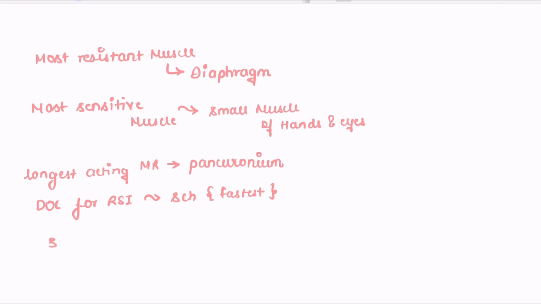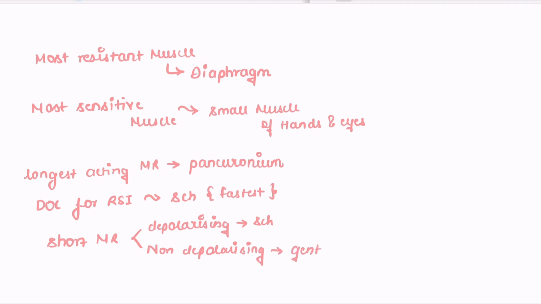The shortest acting muscle relaxant for depolarizing muscle relaxant, the answer is succinylcholine, and for non-depolarizing muscle relaxant, the better answer is gantacurium. If gantacurium is not in the option, mark mivacurium.